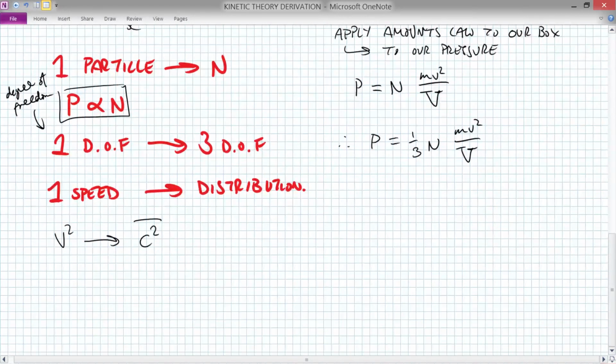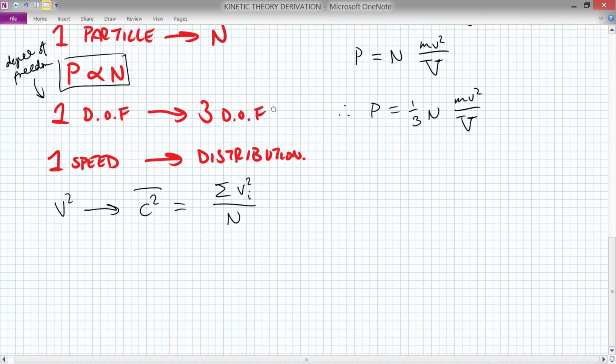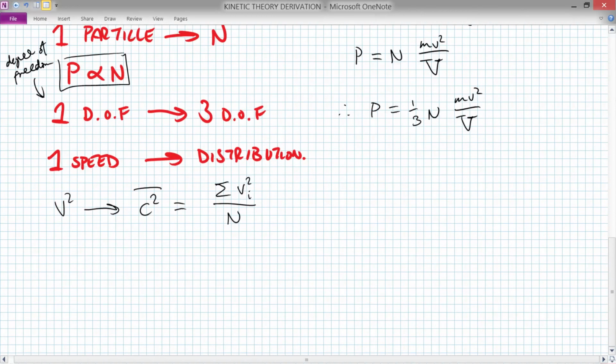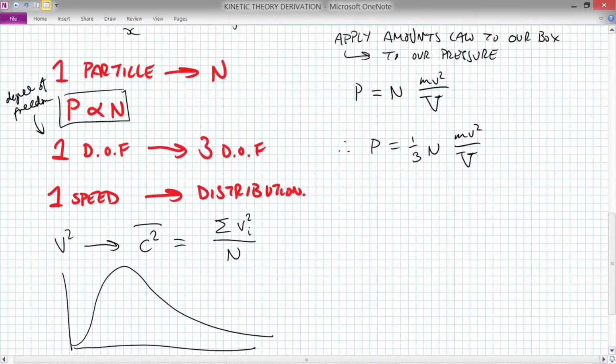The mean of c squared is the sum of all velocities squared divided by the number. This is purely statistical and it comes from the Maxwell-Boltzmann distribution, which we'll study later. But we're interested that this works statistically with the mean c squared, because we're talking about a v squared here. We have to do the mean of c squared, not the other way around.